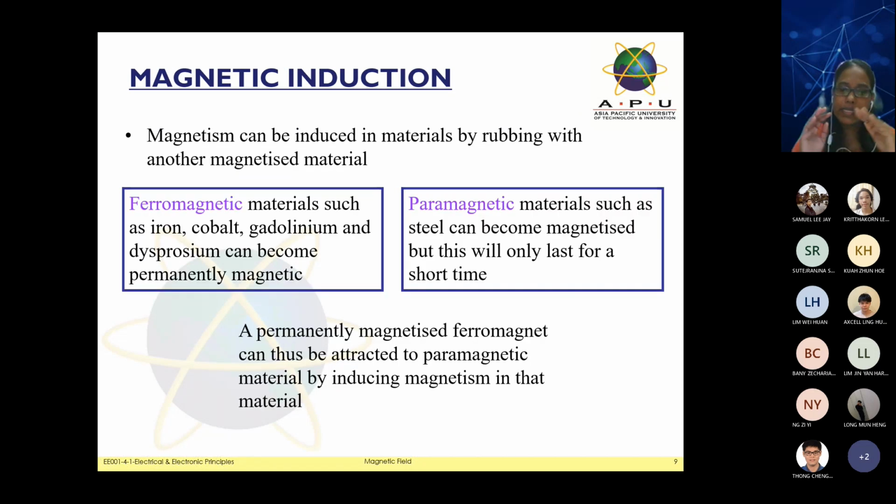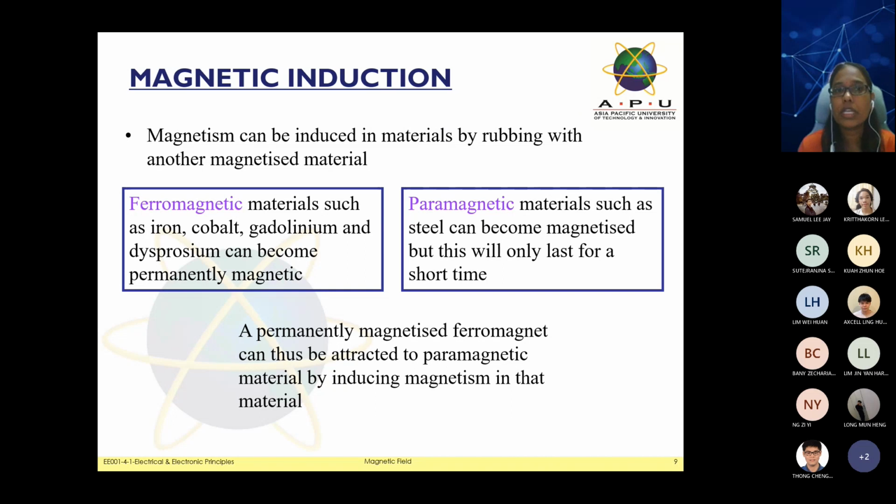So magnetic induction has two types: one is ferromagnetic, one is paramagnetic. What is the difference between them? One we call a permanent magnet, one we call a temporary magnet.